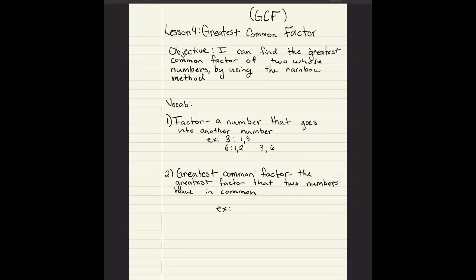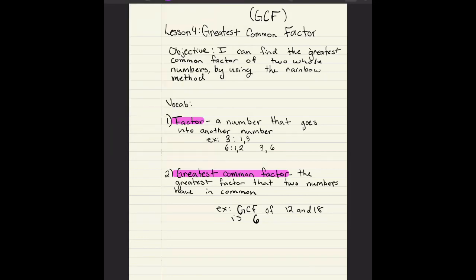All right, next is greatest common factor, so it's our main word. The greatest factor that two numbers have in common. So the GCF of 12 and 18 is 6.